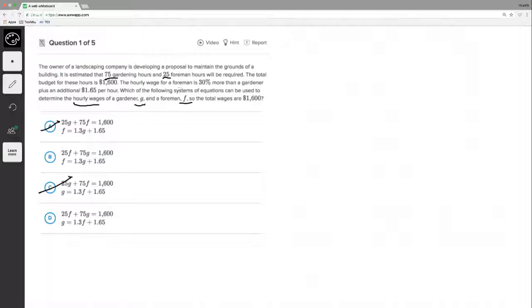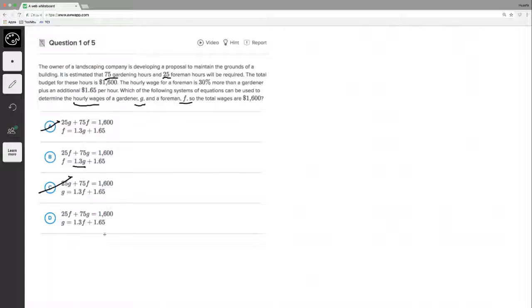Now let's get the second relationship. It says the hourly wage for a foreman is 30% more than a gardener. This equation, I think, is right. We're increasing the gardener wage by 30% plus an additional $1.65, and that's what's happening here.